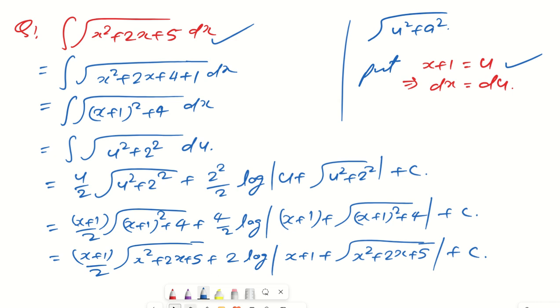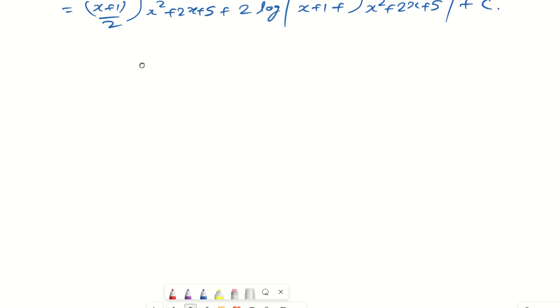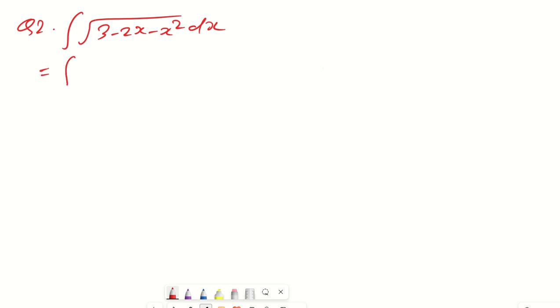So the question given is integration of square root of 3 minus 2x minus x square dx. Okay, so if we try to do, we can write this down as integration of square root of 2 plus 1 minus 2x minus x square dx, and then it can be written as 1 minus x whole square, right?